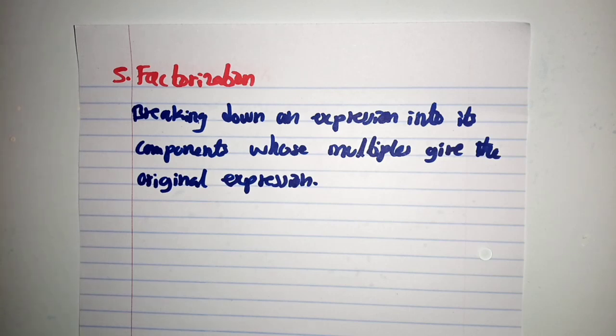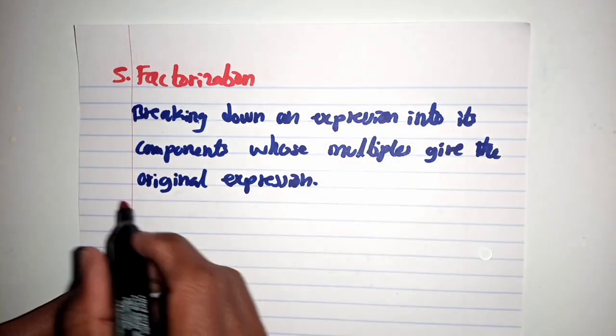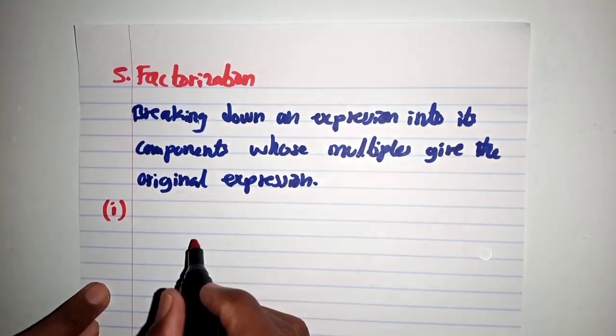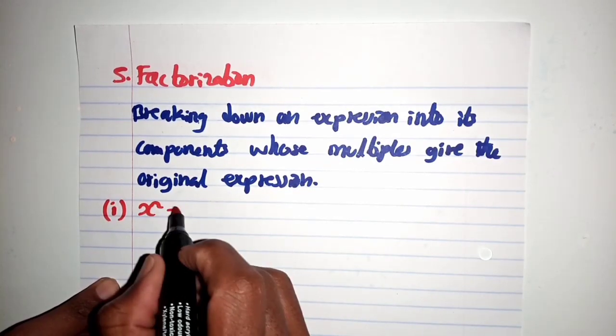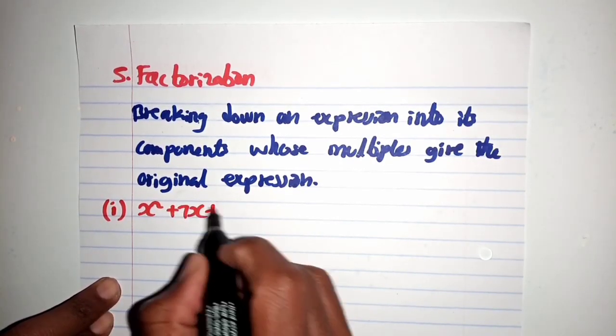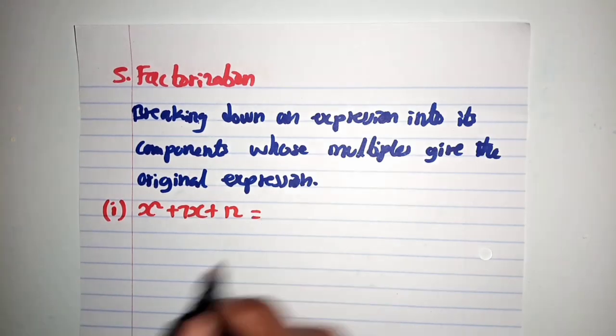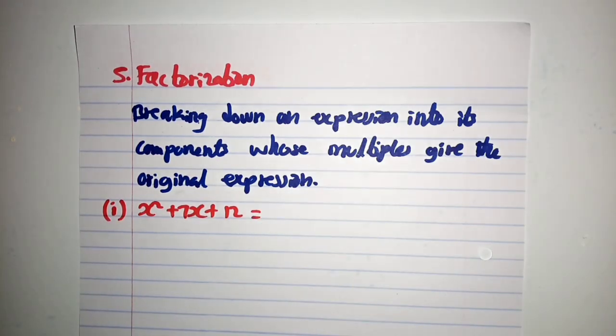Now, let's have an example and see what we mean. Example 1, we are going to have x squared plus 7x plus 12. Let's factorize this one and see.